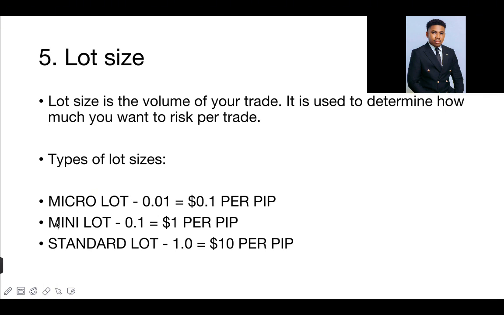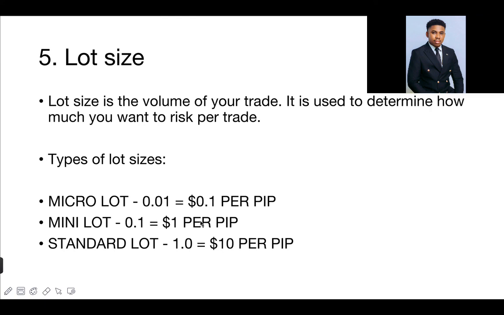So we have the next one, which is mini lots, and it's written as 0.1, and it equates to $1 per pip. So for every pip movement in price, you can either make or lose $1. So for example, let's say you take a trade and price moves 10 pips in your favor, you make $10. If price moves 100 pips in your favor, you make $100 if you're using a mini lot.